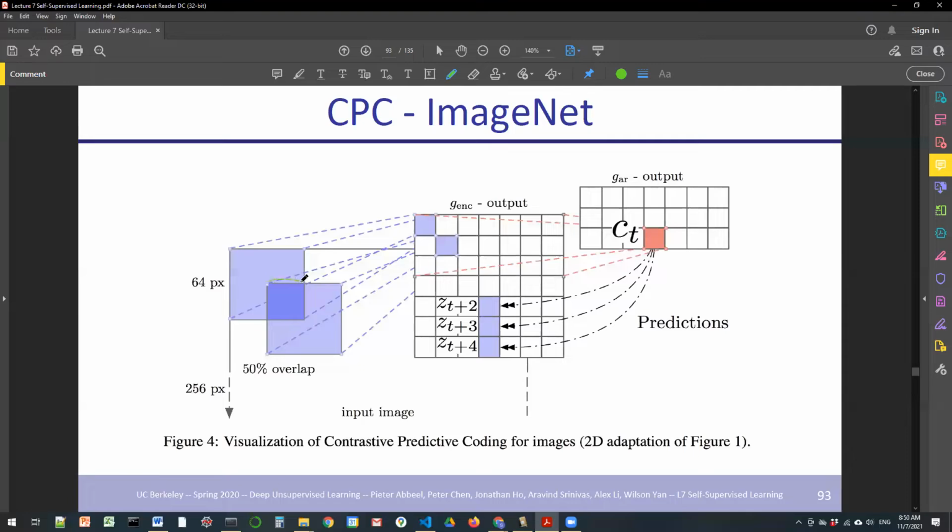You can think of this as being 32 pixels wide and this as being 32 pixels. If you do all the math, you'll find that you get a 7 by 7 grid. So that's how you get these chunks. You can think of this as striping or gridding the 256 by 256 image.